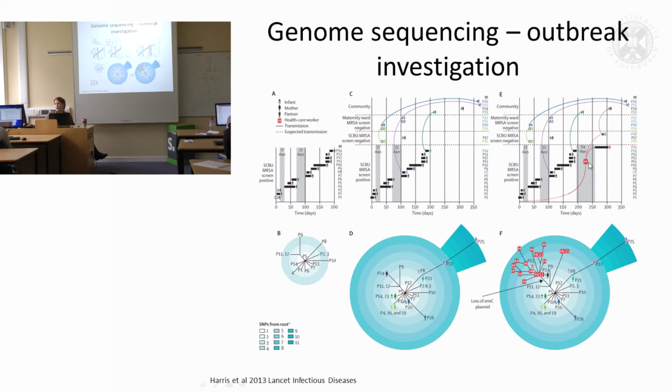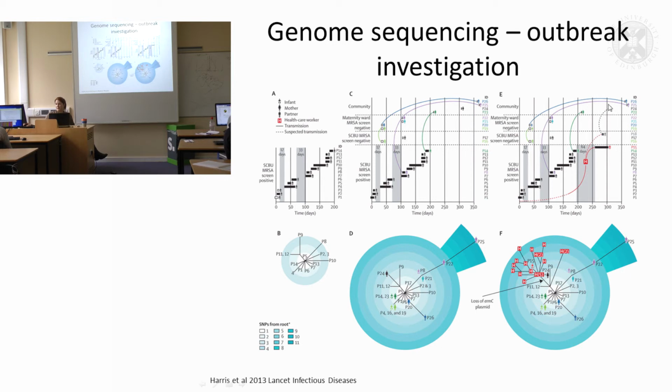And so they actually showed through whole genome sequencing that this member of staff, even though none of the patients had MRSA during that time, brought MRSA back into the ward and actually infected this child. And they think it probably infected this child because the mother was found to be carrying MRSA, even though the baby didn't.